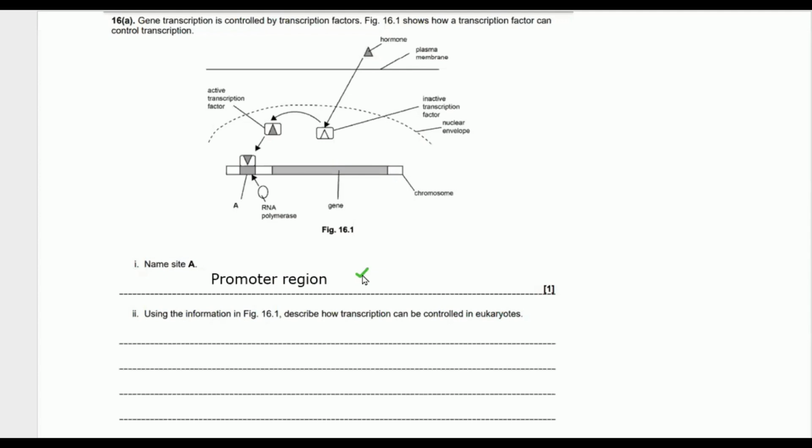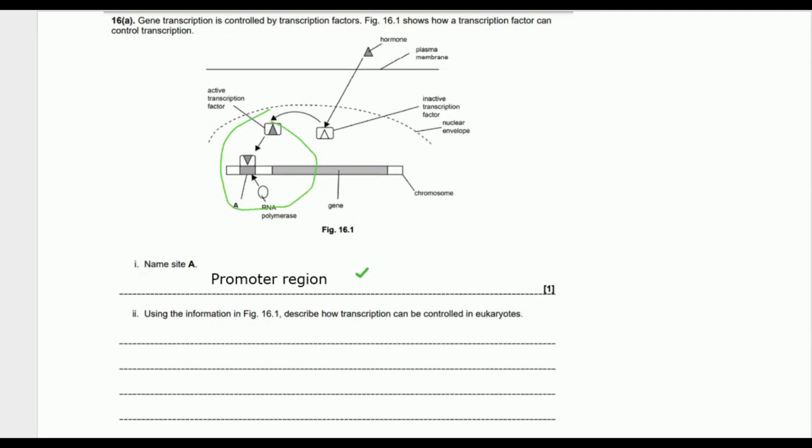However, this is an activating protein. This transcription factor is obviously an activator. And by binding here to this region, it has meant that the promoter region has become more complementary to the RNA polymerase's active site, allowing transcription to take place. So it's another way of controlling transcription here.